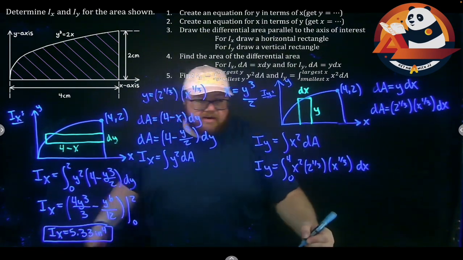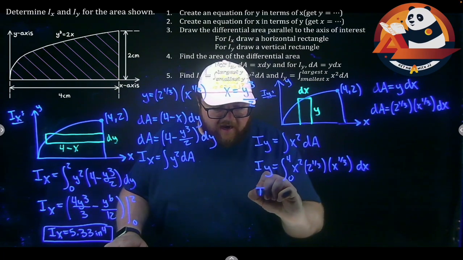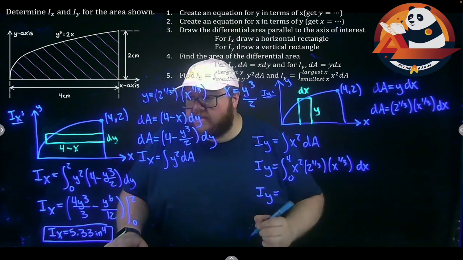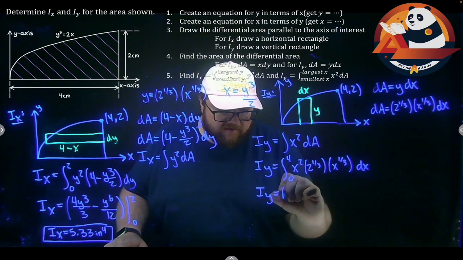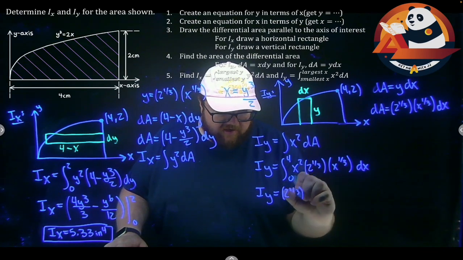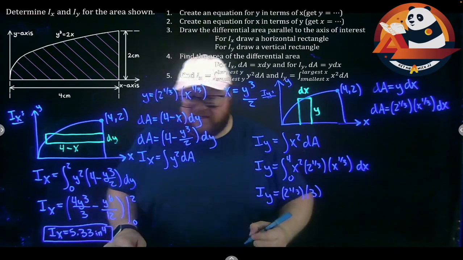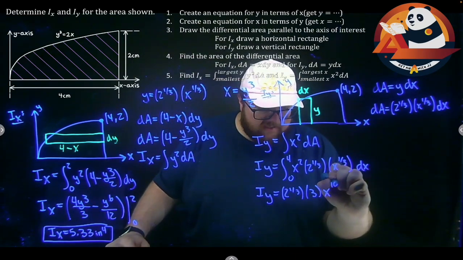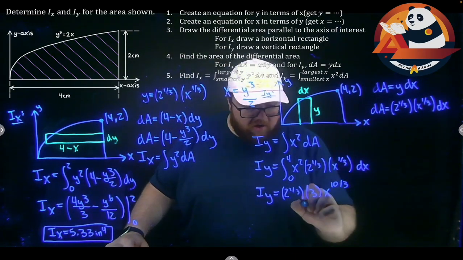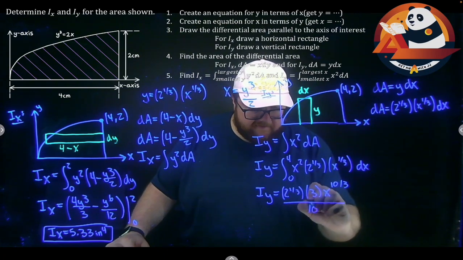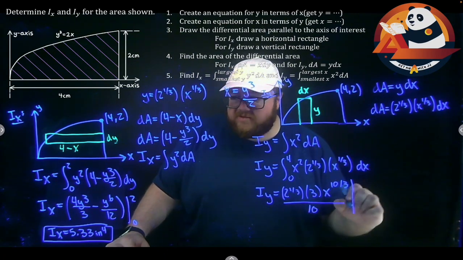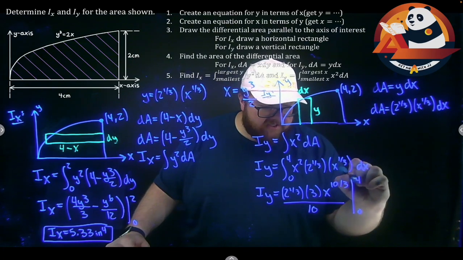Taking our integral, Iy is 2 to the 1/3 times 3 times x to the 10/3, all over 10. And we're integrating that from 0 to 4, our integration bounds.